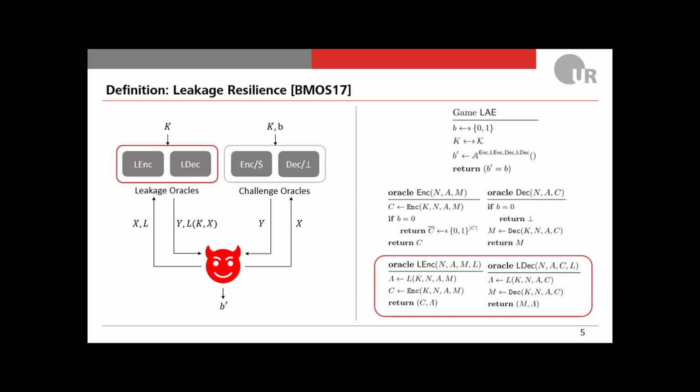In summary, the adversary gets access to these four oracles. Note that to prevent some trivial attacks, some types of queries are not allowed. Then the adversary has to decide if these queries were answered by the real or the ideal challenge oracles.